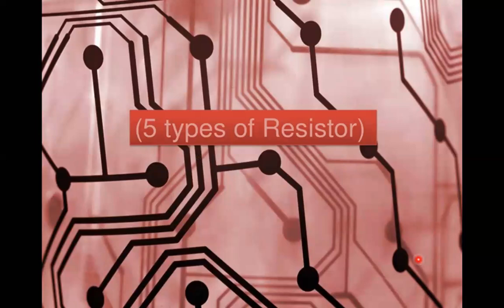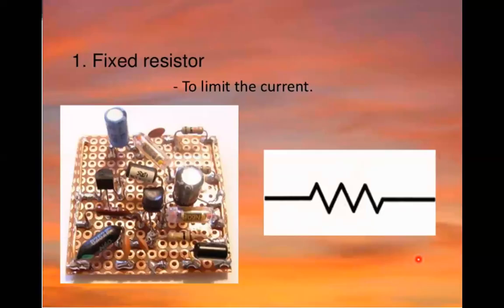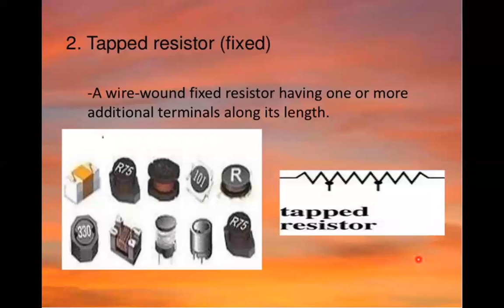If you recap the types of resistors, as fixed resistors, you can have tap resistors. These tap resistors are nothing but wire-wound fixed resistors having one or more additional terminals along their length. You can see that this is one terminal, this is the second terminal, and we will have a third terminal over here.